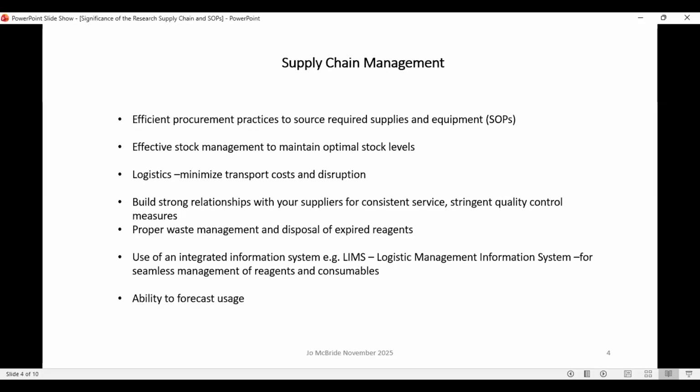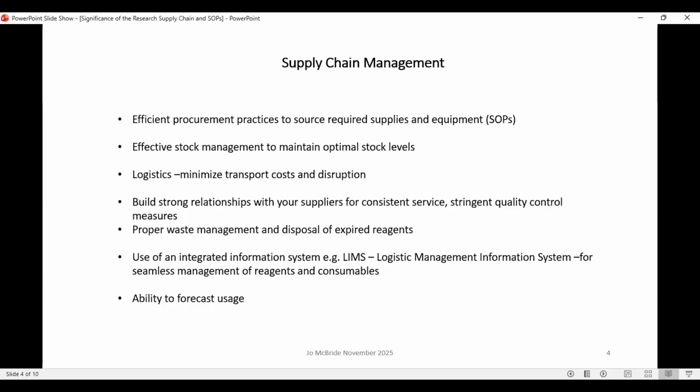If you know what you're going to be using, then plan in advance how much you're going to be buying, and the minimal amount that you should always have in order to carry on before your next order comes in. Think about your logistics in order to minimize your transport costs and disruption.